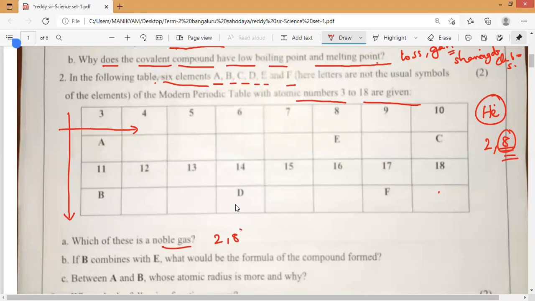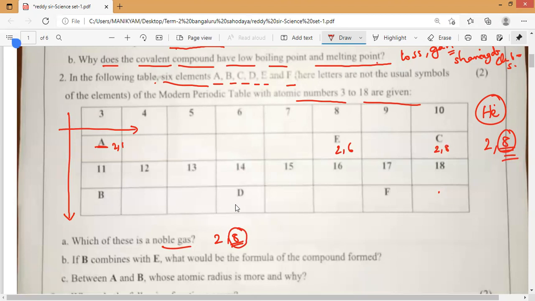Understanding? If you notice, those having 8 electrons in the valency shell, we have to pick. Now check here. Who is having 8 electrons in its valency shell? First one, A, is 2, 1, and E is 2, 6. 10 is 2, 8.